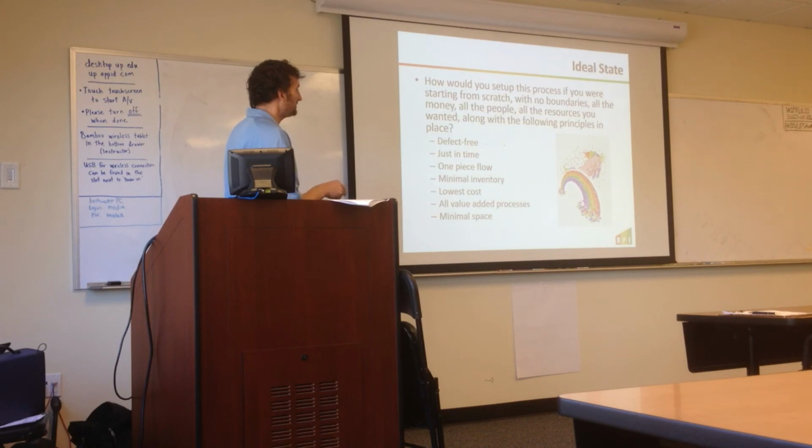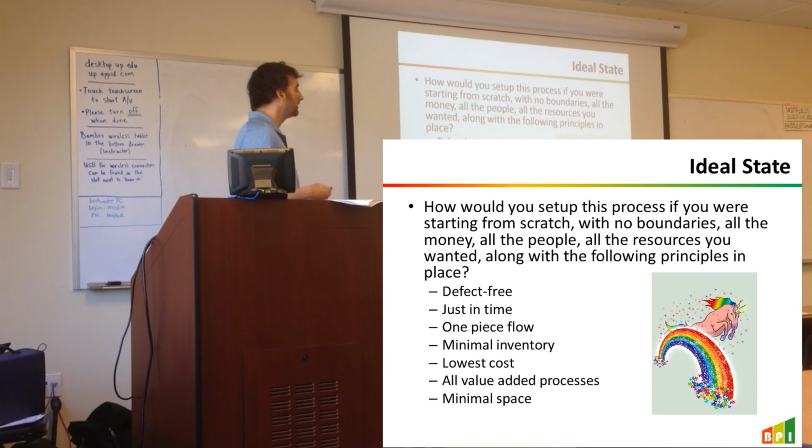So then ideal state would be, what if you were to set up the process from scratch, no boundaries, all the money, all the people you want, and set up a process that's defect-free, just in time, one piece at a time, minimal inventory, very low cost, all steps and work value added, and very minimal space requirements too.